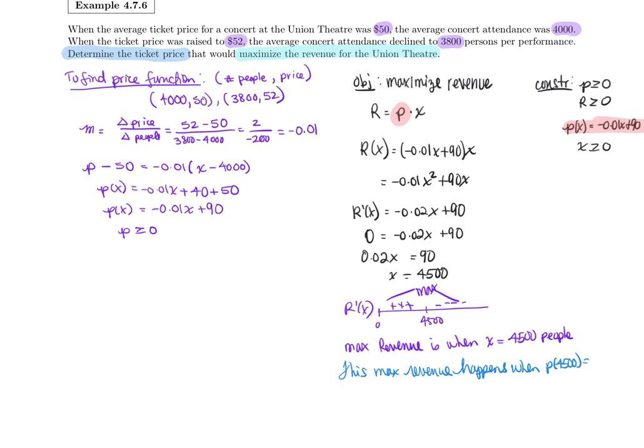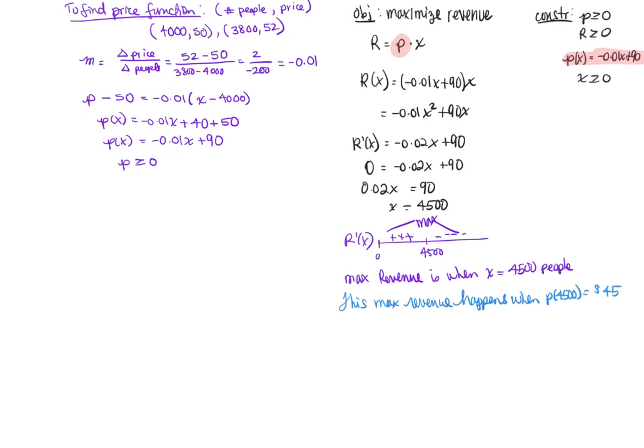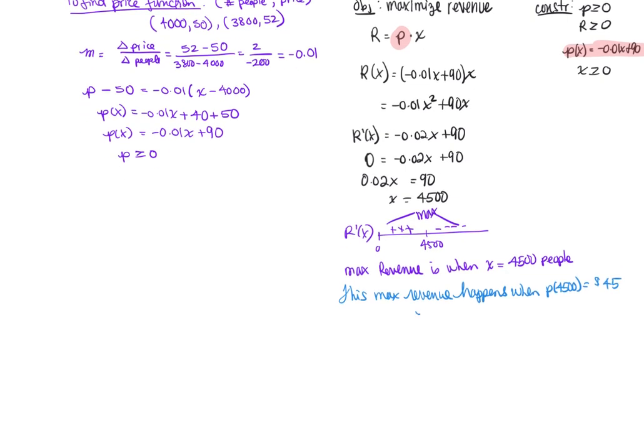Well, we plug it back in. P of X is negative 0.01X plus 90. It ends up being $45. So the magic ticket price to maximize the revenue is $45. So quickly here, P of 4,500 is negative 0.01 times 4,500 plus 90, which is negative 45 plus 90, which is 45.